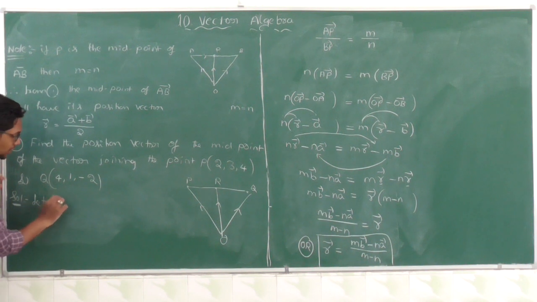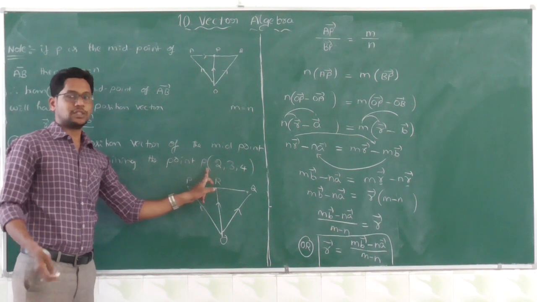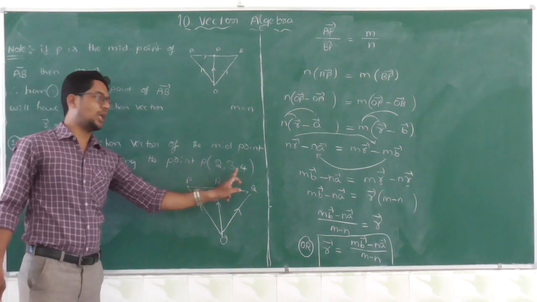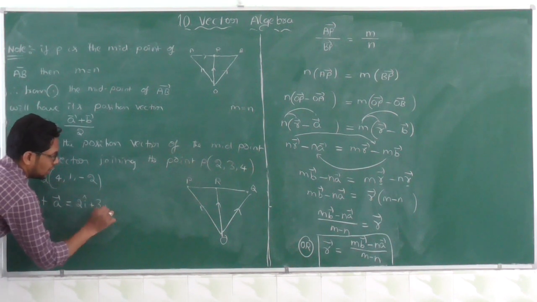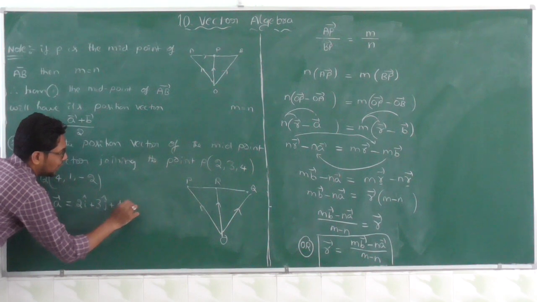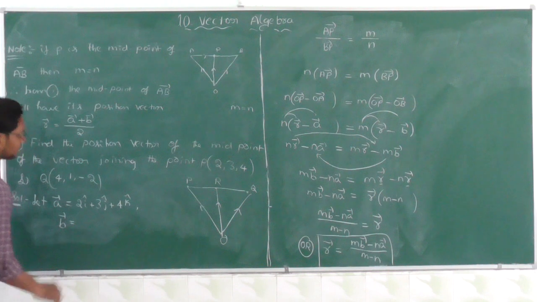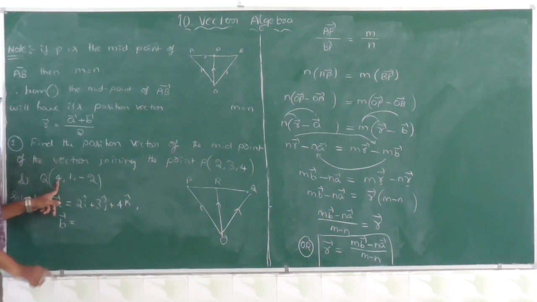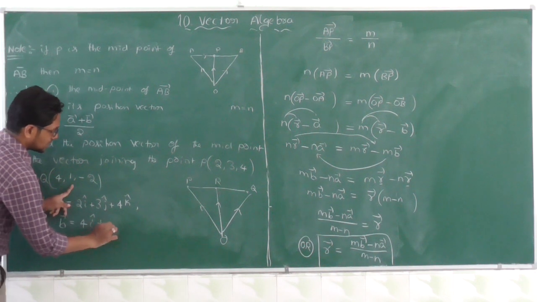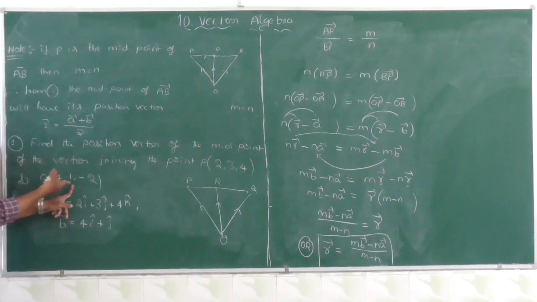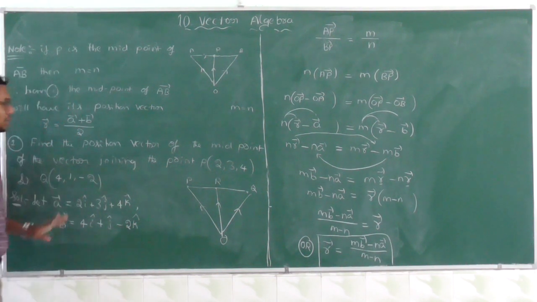I will take this position vector as A vector equals 2i plus 3j plus 4k. Next, B vector equals 4i plus j minus 2k.